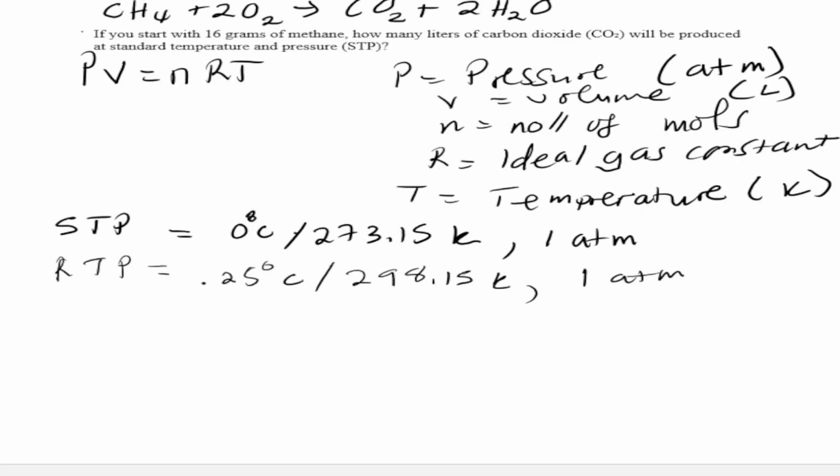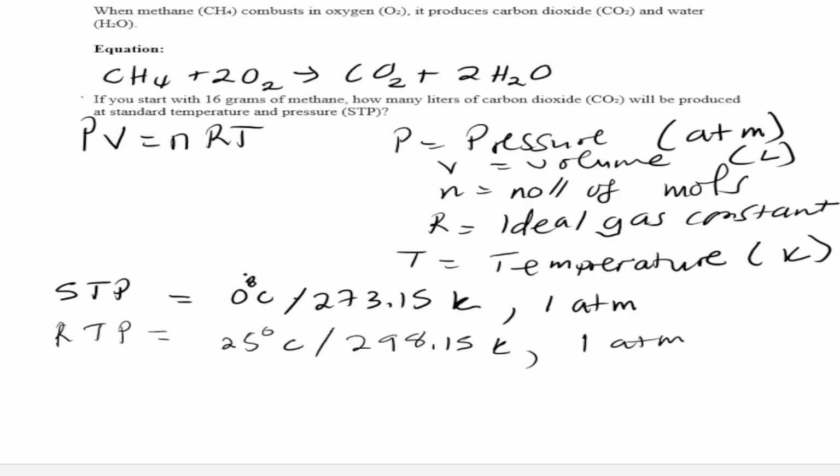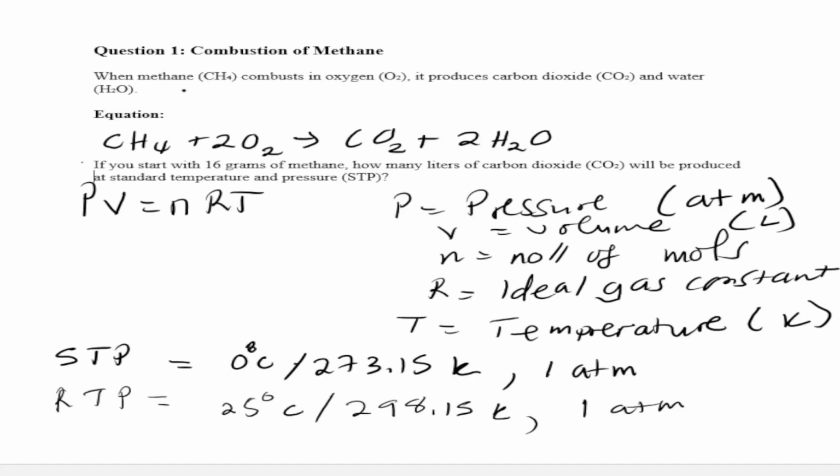Okay, so we're gonna try to find the moles first here. Then we're gonna use this ideal gas equation, which is PV is equal to nRT. They say when methane CH4 combusts in oxygen, it produces carbon dioxide and water.